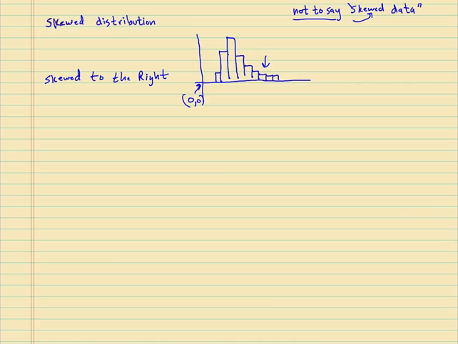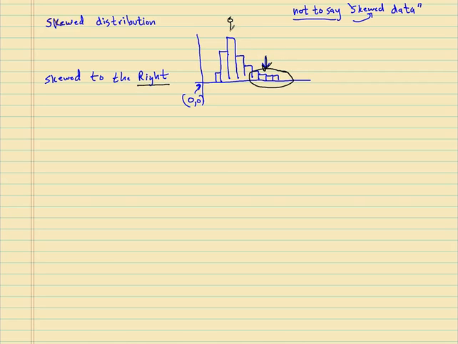This tail here goes farther. The right tail goes farther from the left tail. The left tail ends right here. So this is the tail, and it's skewed this way. So this would be skewed to the right.